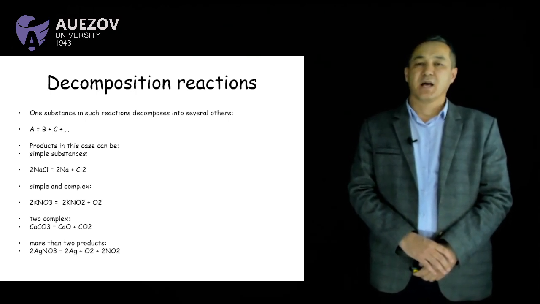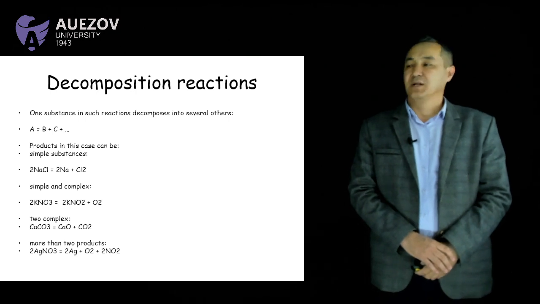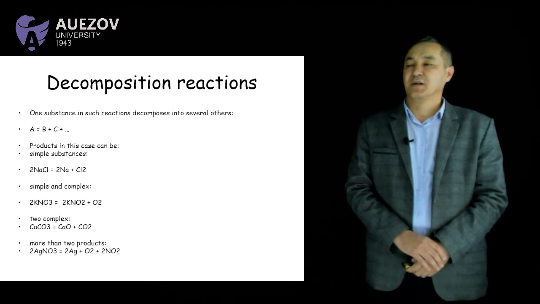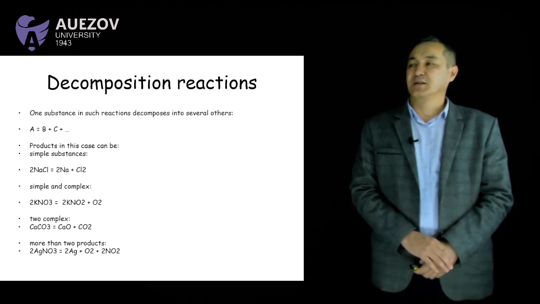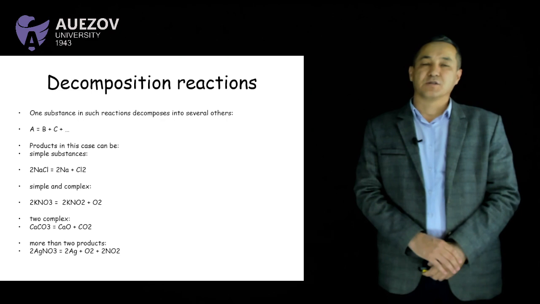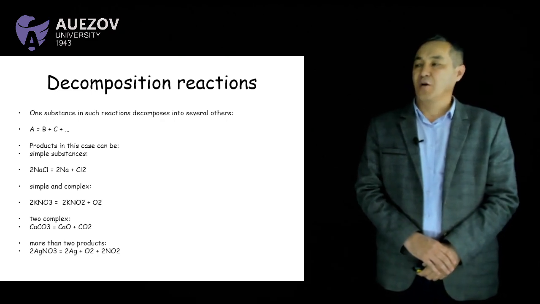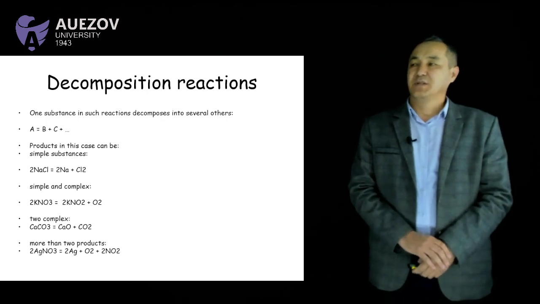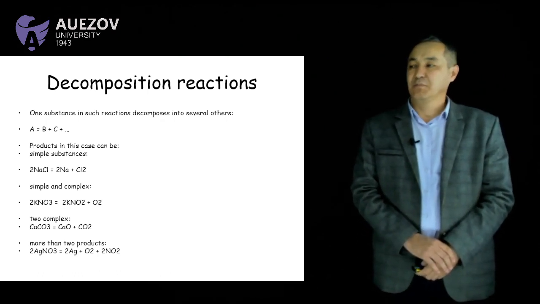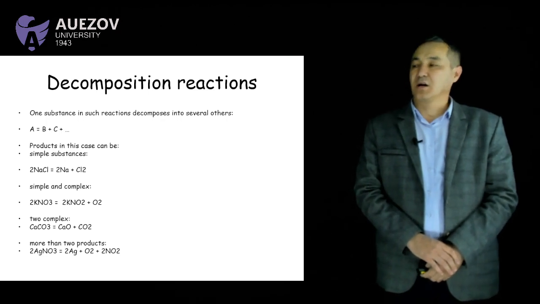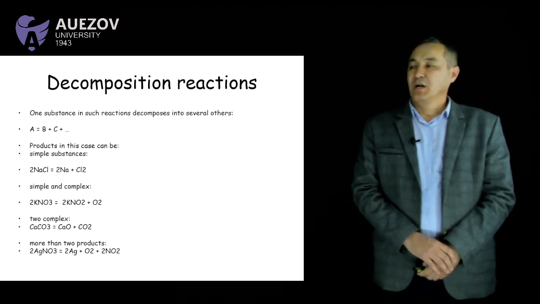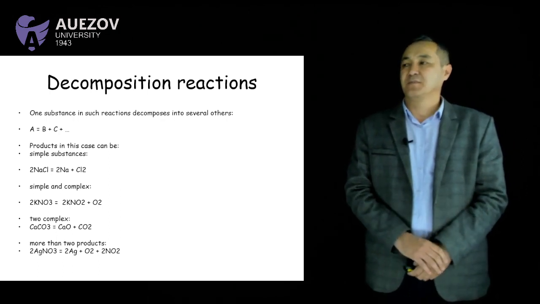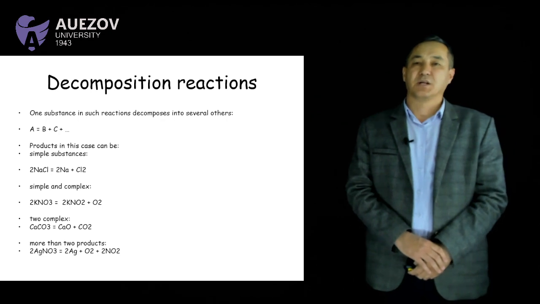Complex and simple substances can result from the decomposition of sodium nitrate, and two complex substances can result from decomposing marble or calcium carbonate, and more than two products can result from this type of chemical reaction.